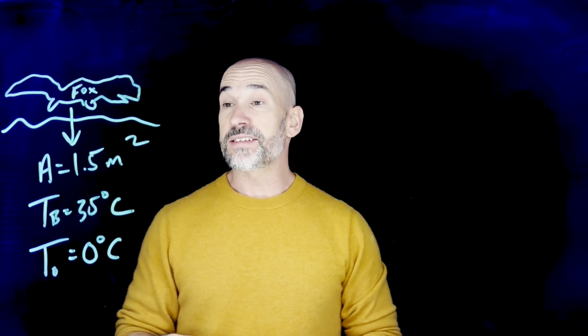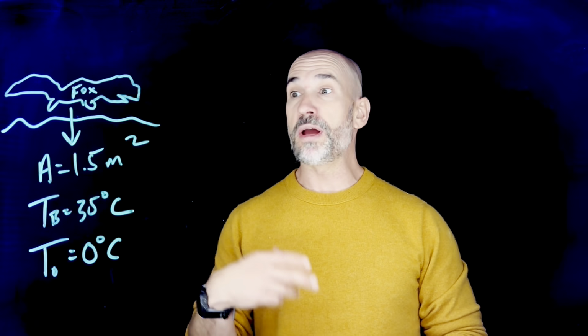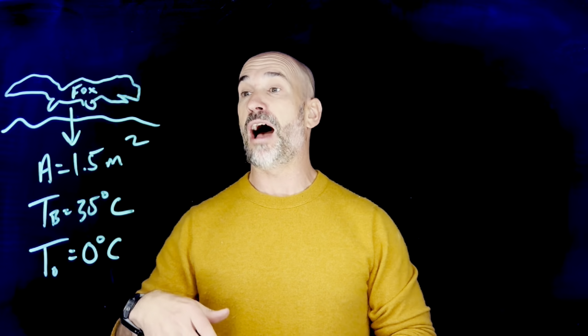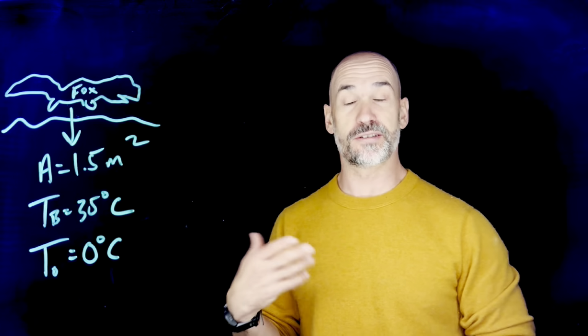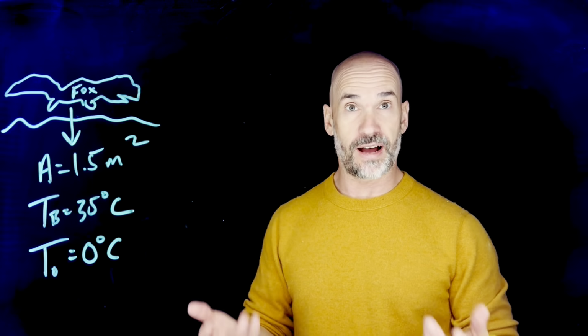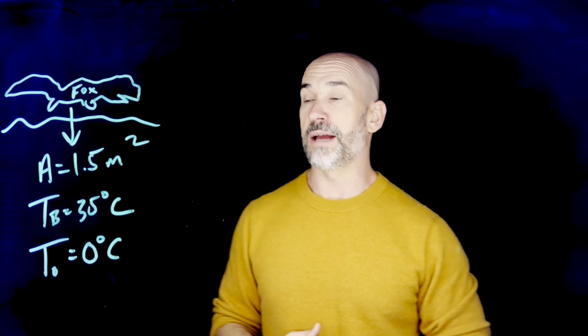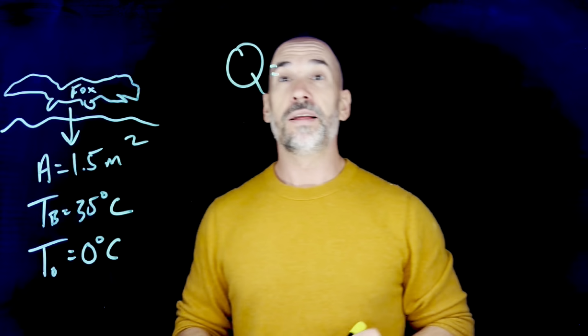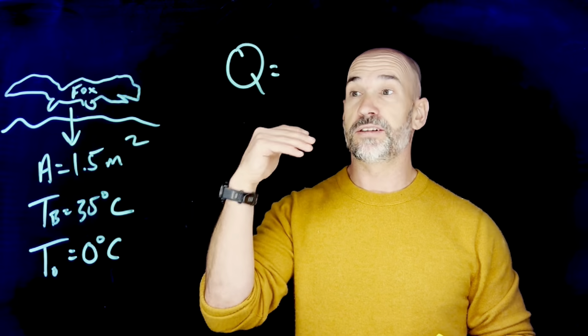This is an important question because the rate at which it's losing energy has a lot to say about how many calories this fox needs to consume in order to survive and maintain its body. So the question is, at what rate, Q, is this fox losing energy?